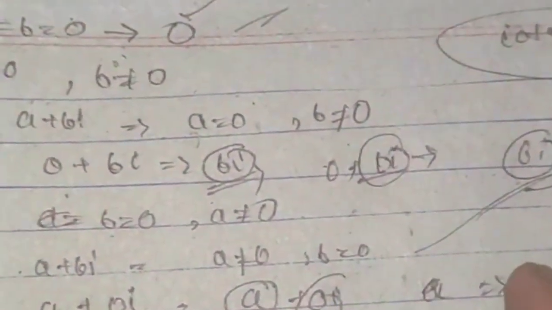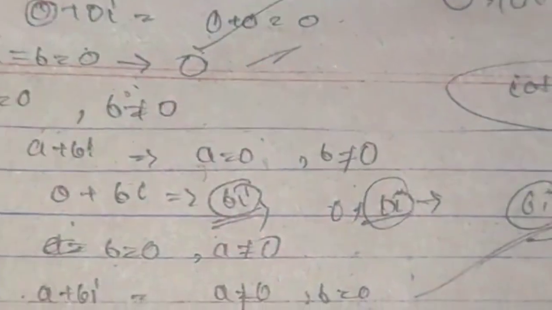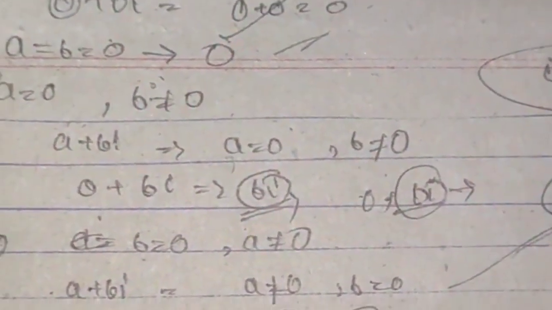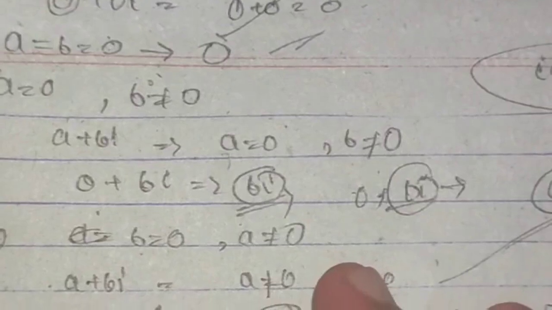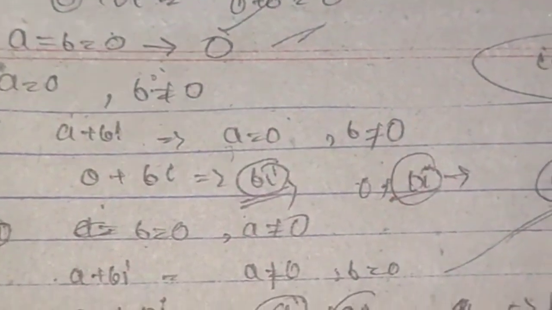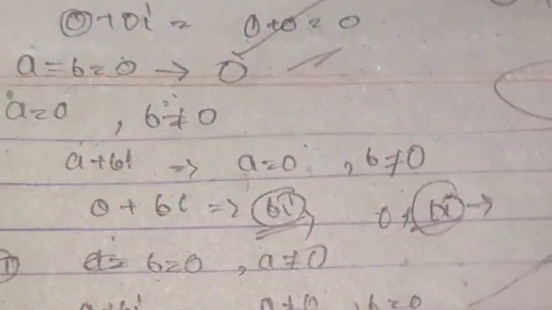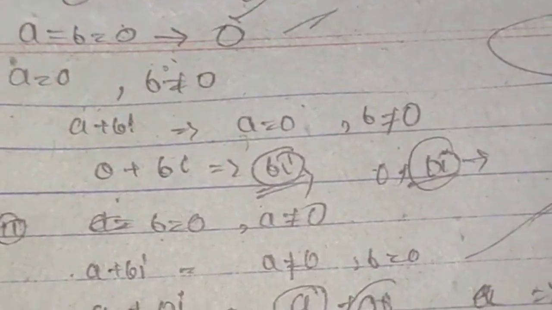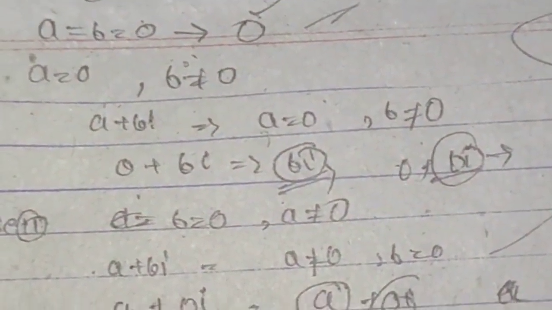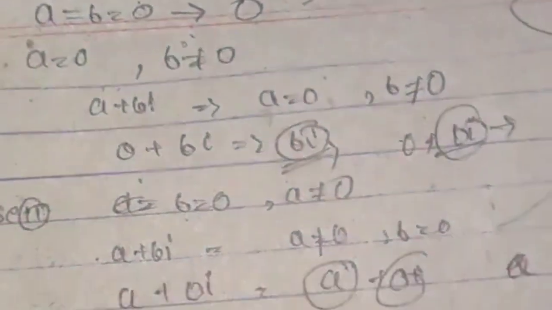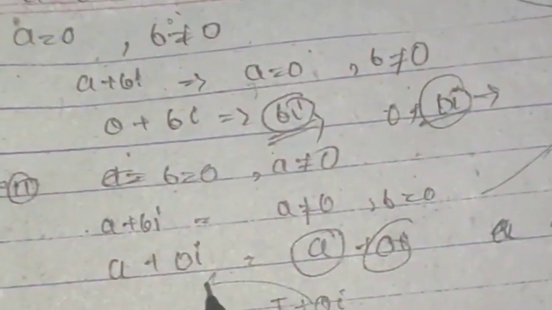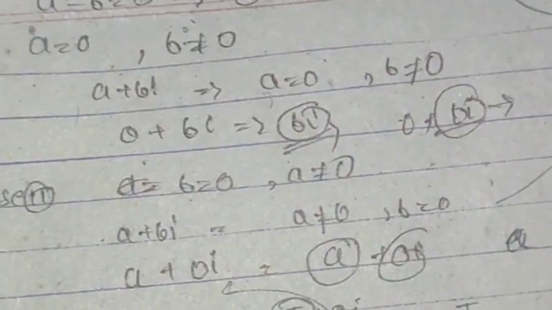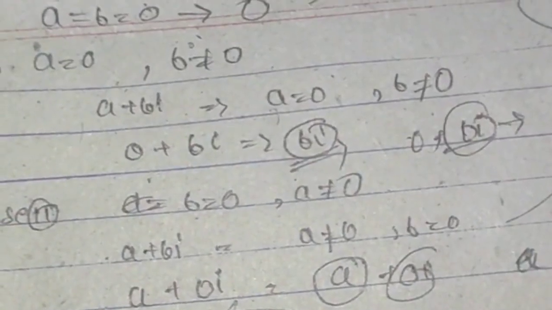Let's talk further. We say that all real numbers and all integers are of the form r plus 0 iota. This is the purely real part, and an integer is also a real number.